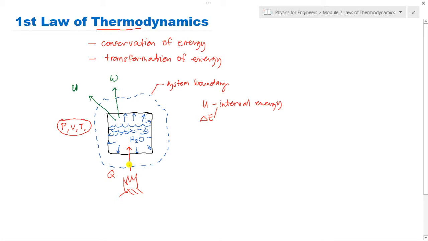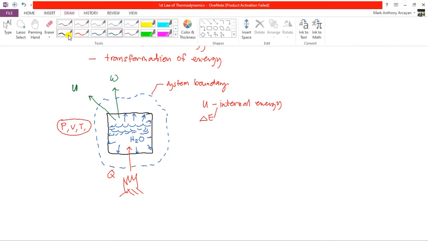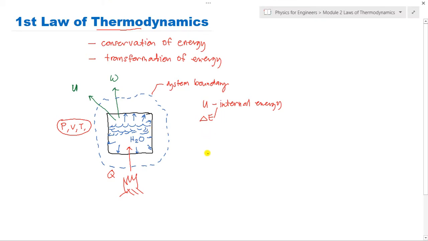Okay? So here, from the first law, this is the most basic definition, the formula for the first law on a given system. So again, this is our system. So the formula for the first law is just we're going to equate the energy nga misulod sa system, that is the energy input to the system, is equal to the energy nga migawas sa system.